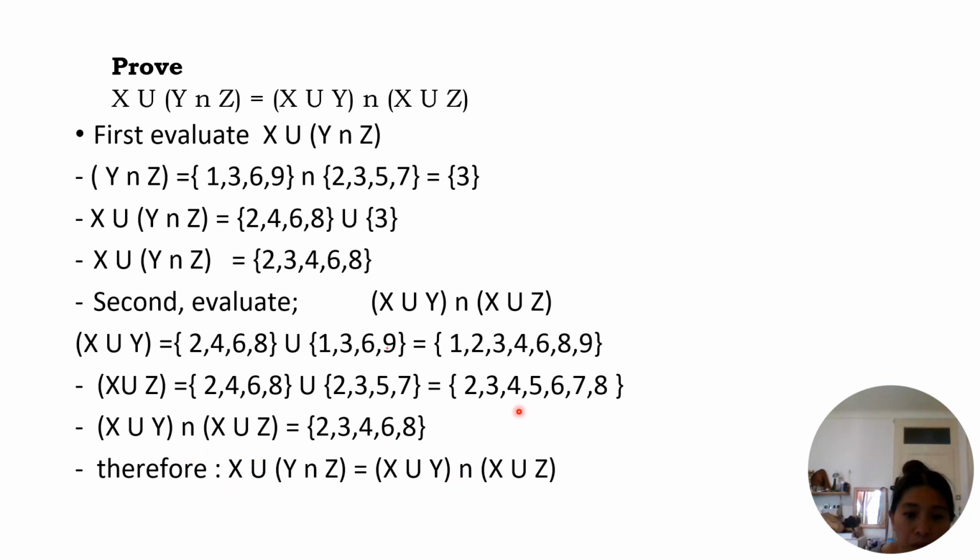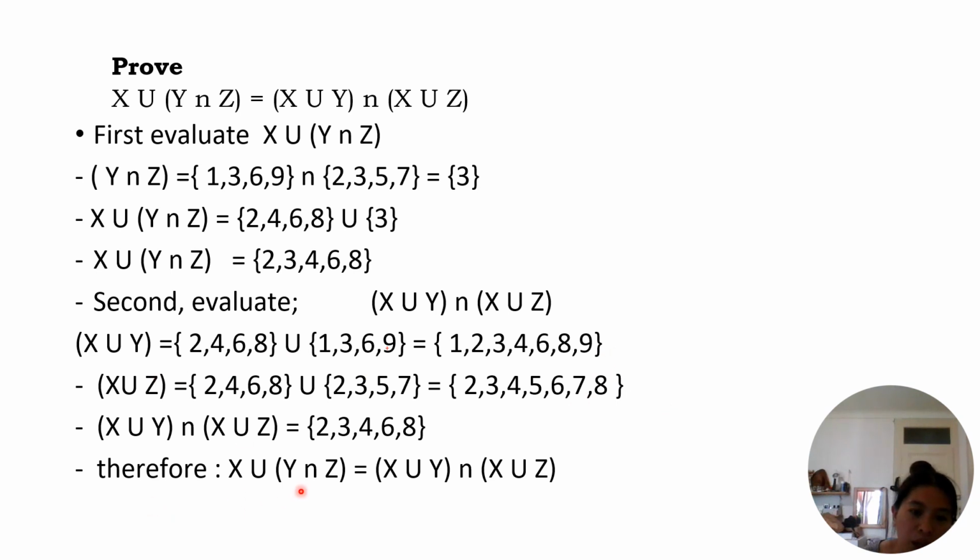So we will find what are the common elements that they have. Based on our answer here, we are going to check what common elements these two have. So we have 2, we have 3, we have 4, we have 6, and 8.